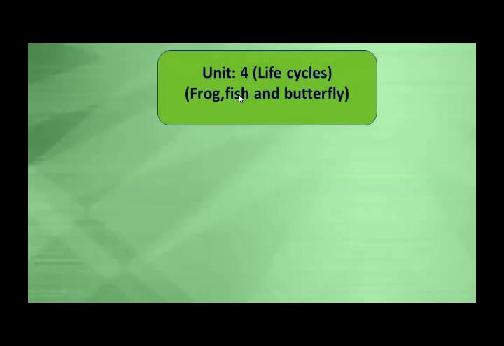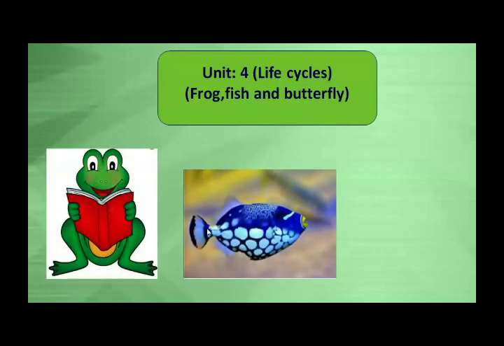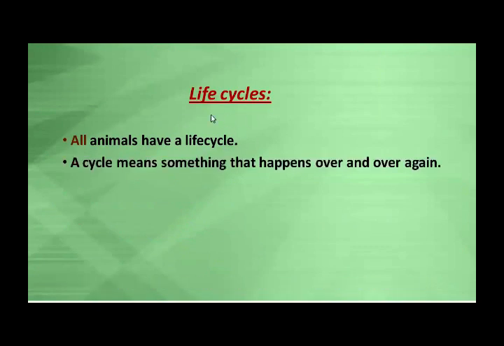So we are going to move to the next unit, unit number 4, life cycles: frog, fish, and butterfly. Okay, beta, what is the life cycle? This is a short note on the life cycle. All animals have a life cycle.